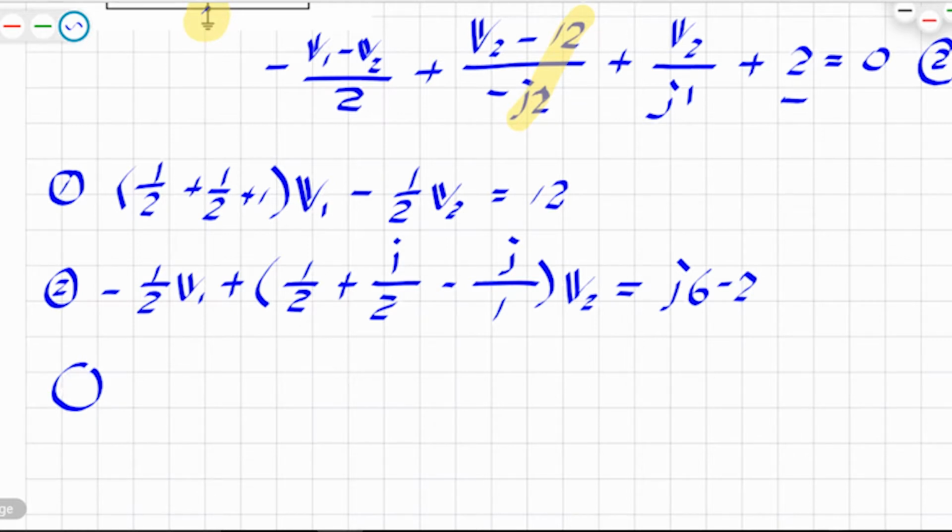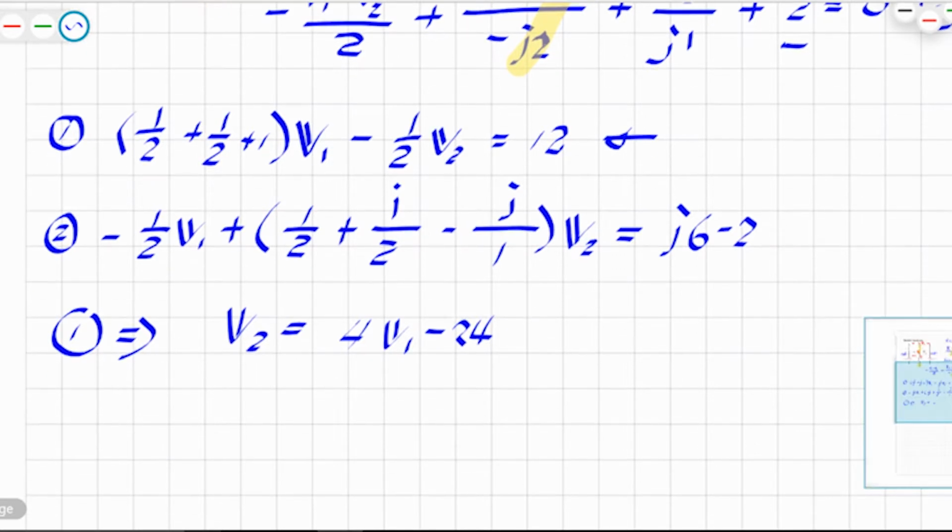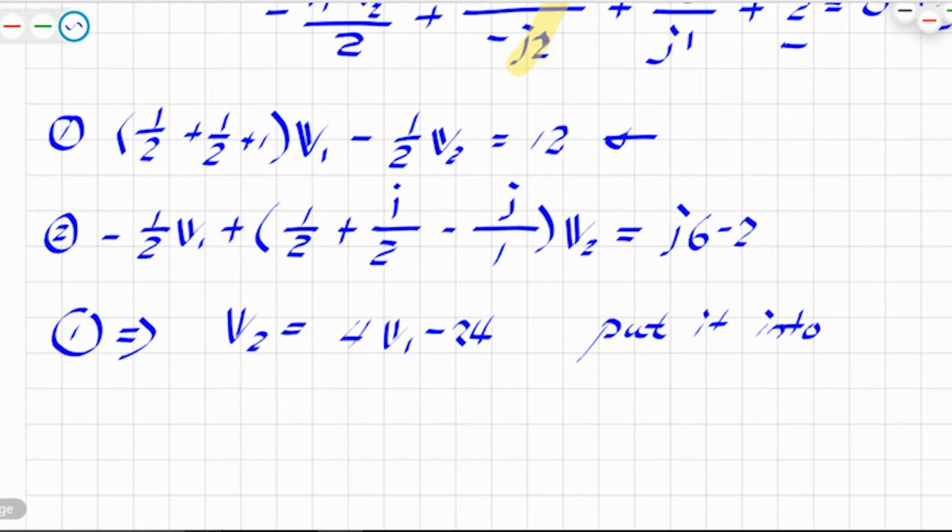V2 is equal to, if I multiply by 2 on every term here, 4V1 minus 24. Now I can put this into equation 2.